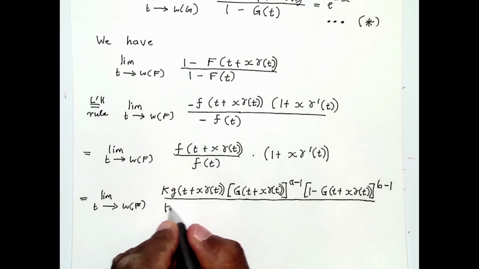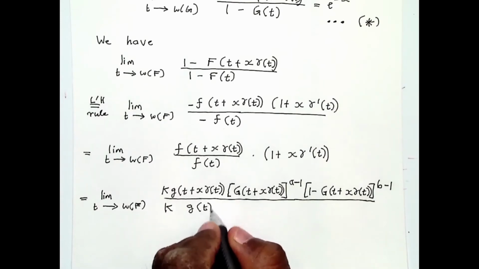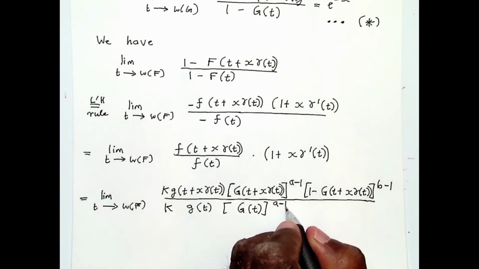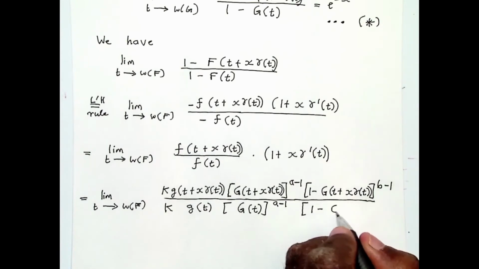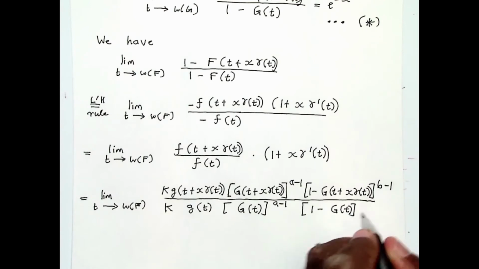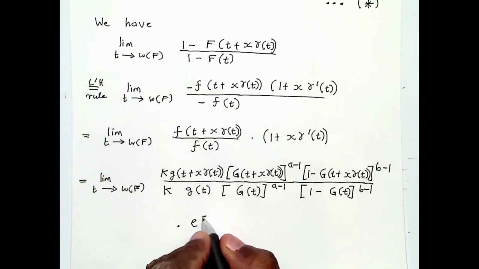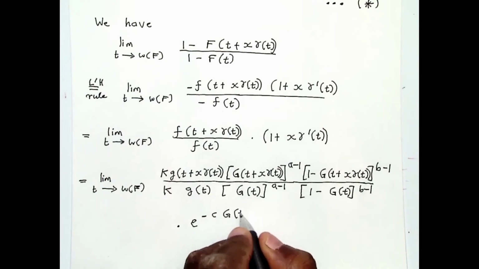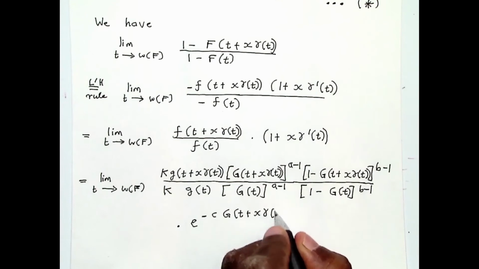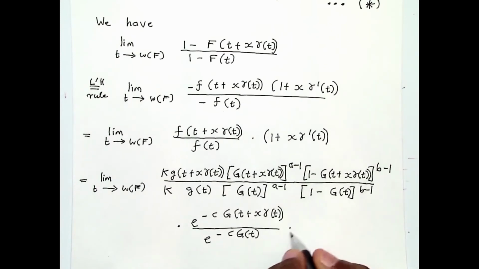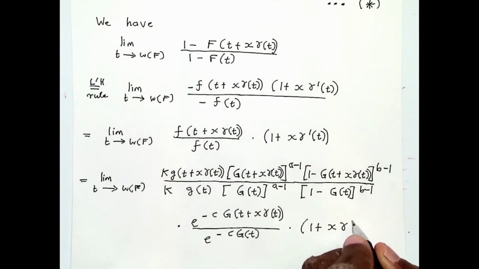In the bottom you have this. Right, and multiplied by, there's one more term that I need to put, which is e times 1 plus x gamma prime at t.